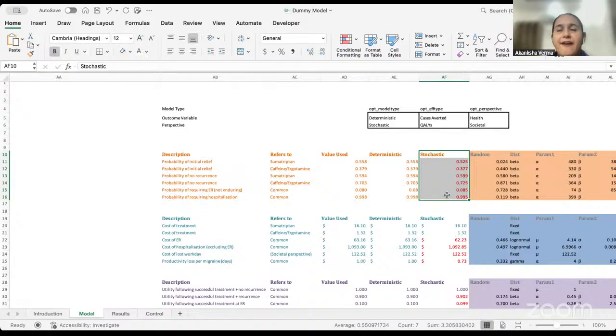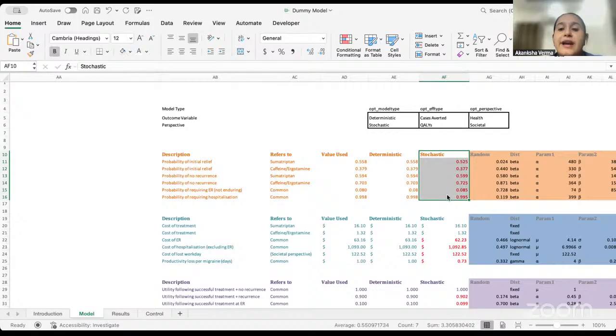Usually we put a command for PSA, and a number of iterations have to be run. It's not one, two, three or ten times, but thousands of iterations, thousands of simulations, where the model does the analysis based on the approach I am showing you.